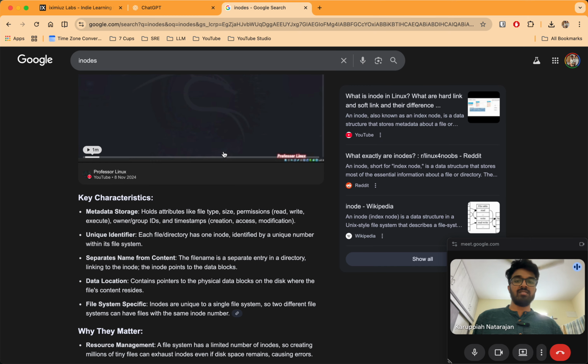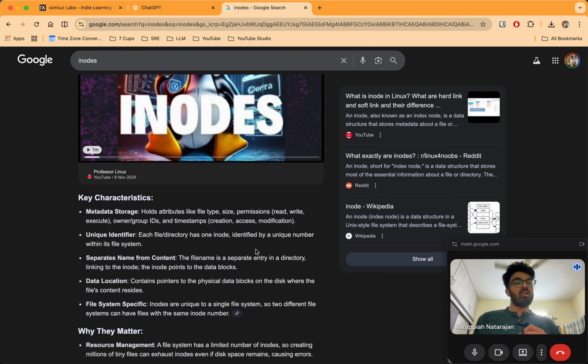And a file system has this data structure called inode, and not all file systems, only specific ones, like for example ext4. So the characteristics: every inode has a unique identifier, a unique number, the so-called inode number.